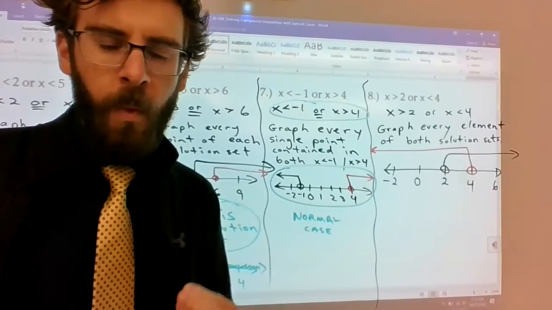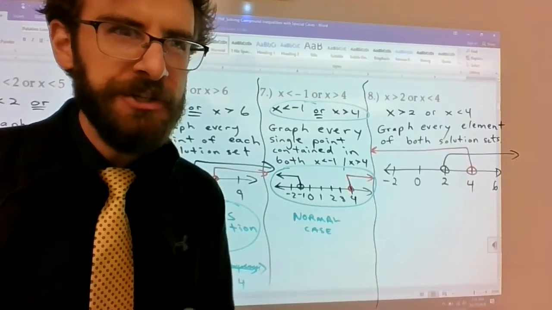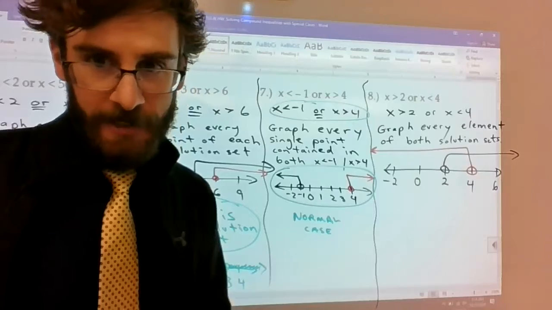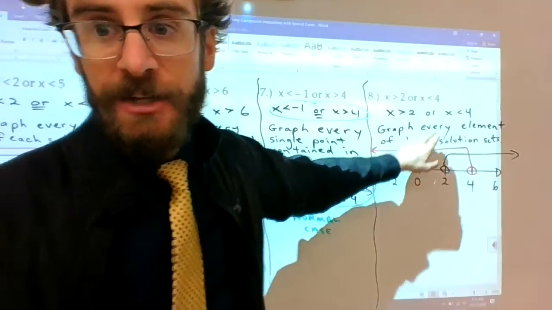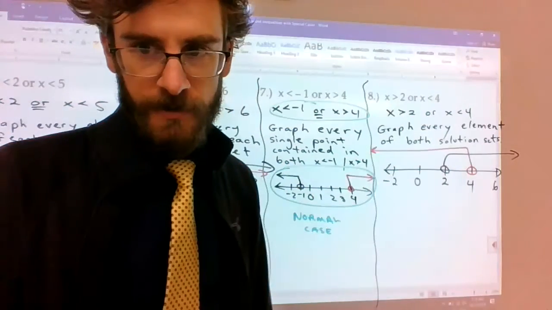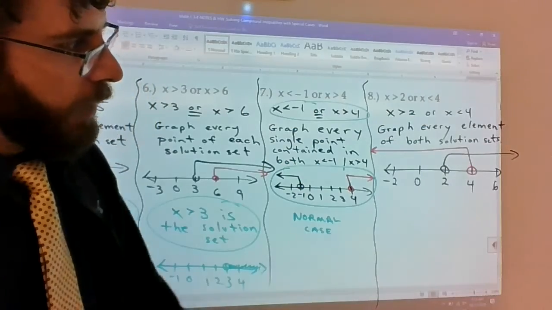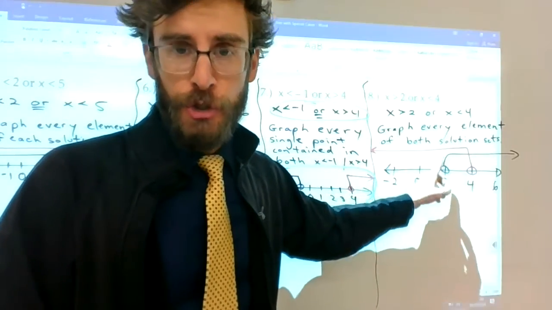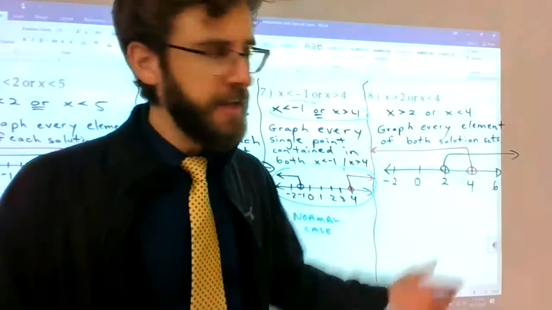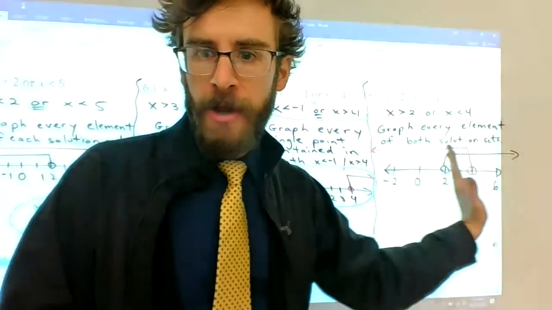So what would better describe every element of all the x's greater than 2 and all the x's less than 4? Well, this goes on forever. So 2, 2.1, 2.7, a billion, everything all the way through infinite values that way are all solutions for x is greater than 2.